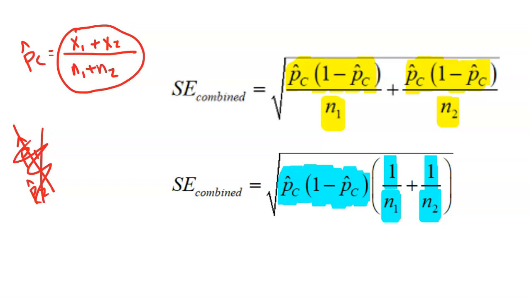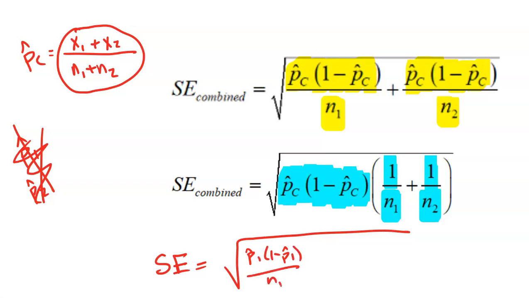Now, I do want to talk about this. Listen, if you don't use standard error combined in a two-sample z-test when you're supposed to, maybe you just use regular standard error. Let me write the formula for this real quick. It would be p hat 1 times 1 minus p hat 1 divided by sample 1 plus p hat 2 times 1 minus p hat 2 divided by sample 2.